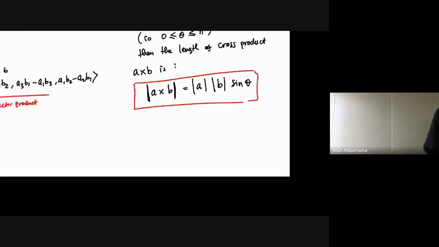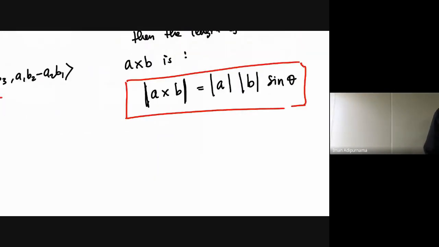So first, to prove it, we can start with the definition of the length of a vector, and then the cross product definition. We start from the left, the magnitude of A cross B. You can take the squared magnitude, right?